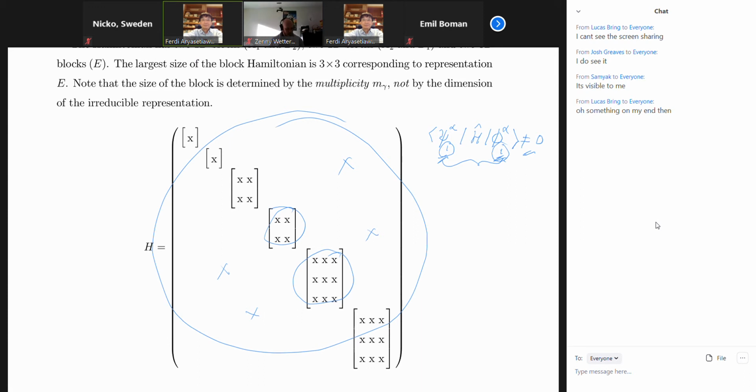So the home assignment is very similar to this problem. I think it is the second problem or the first problem. Second problem, I think.